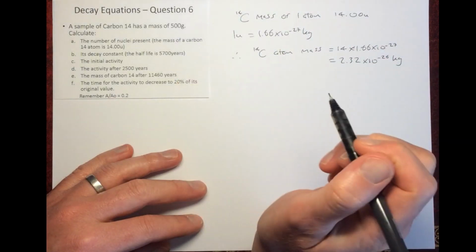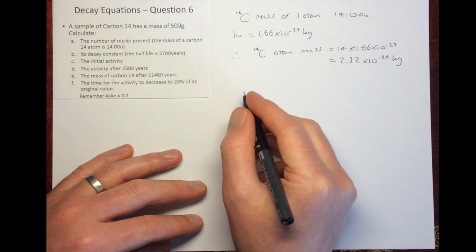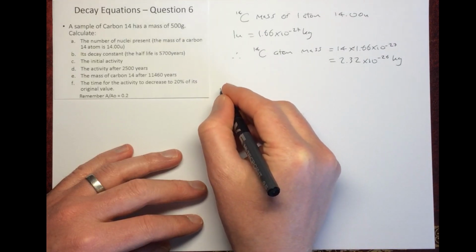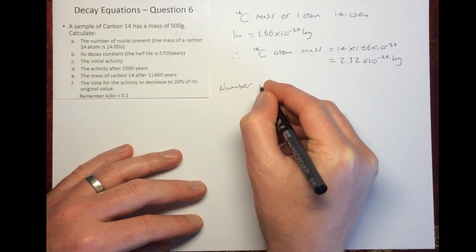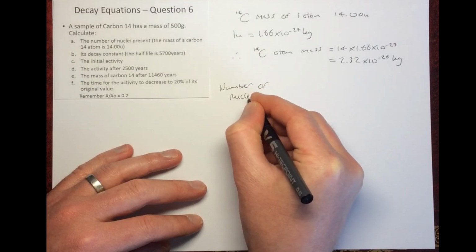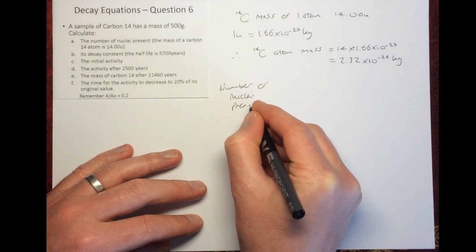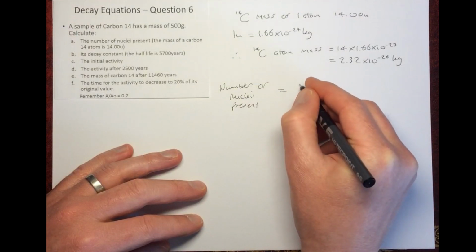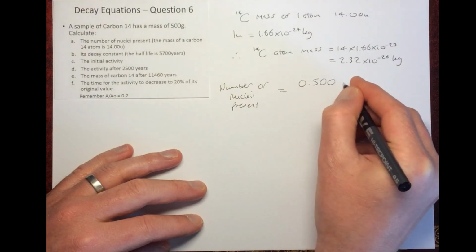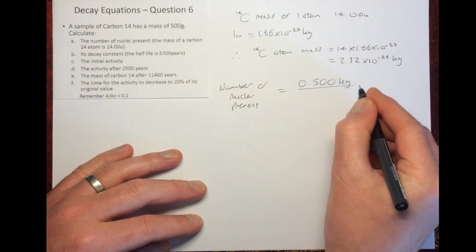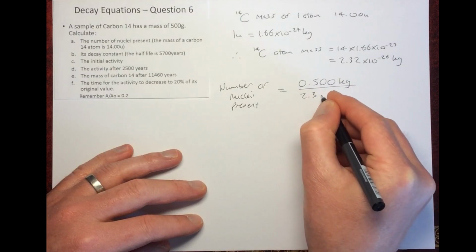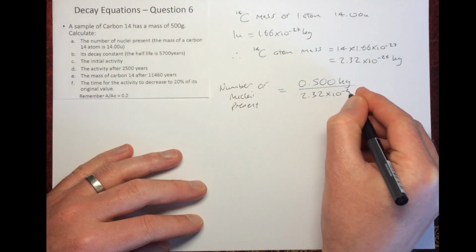We know that the total mass of our sample is 500 grams. So therefore, the number of nuclei present is just going to be equal to our total mass, which is 0.5 kilograms, divided by the mass of an individual atom.